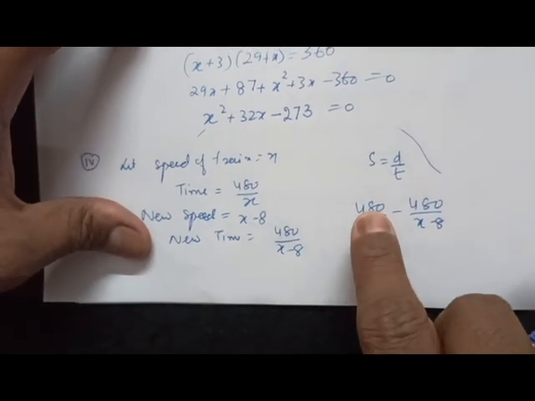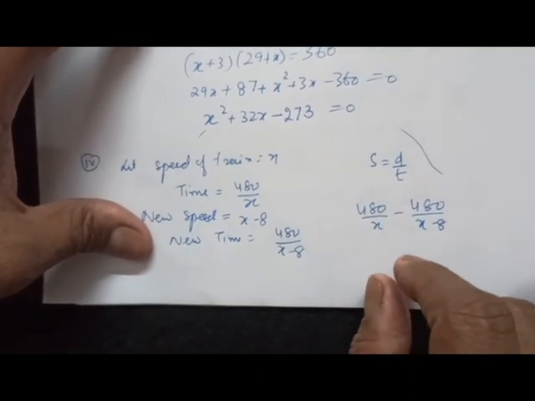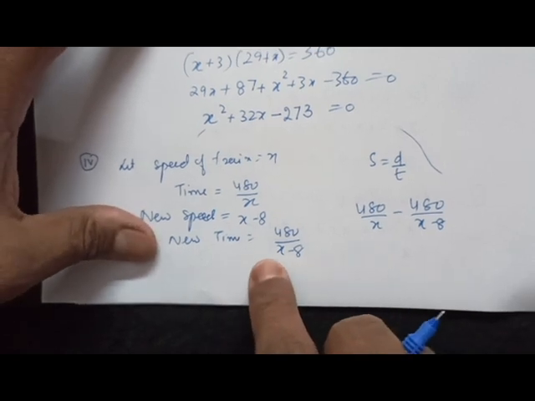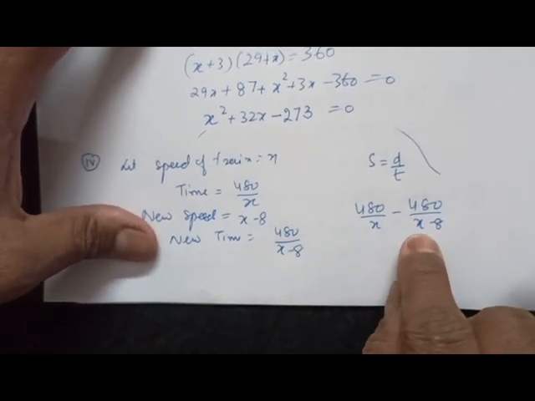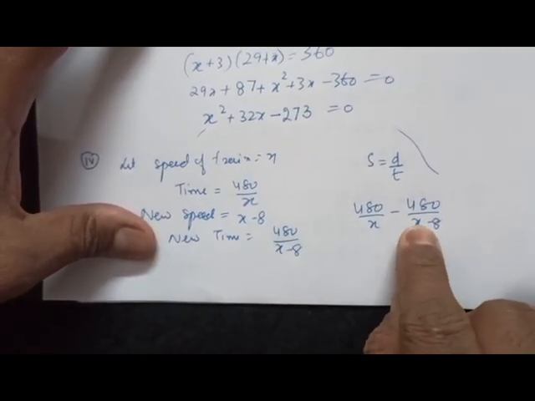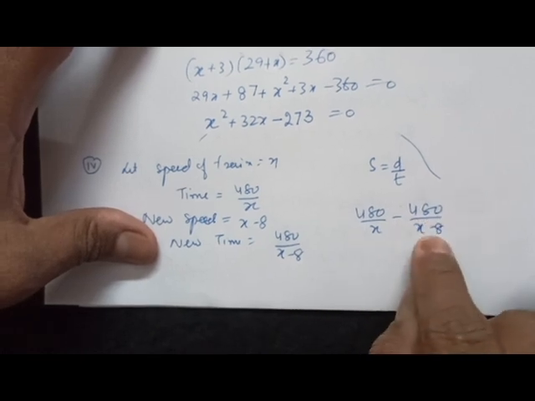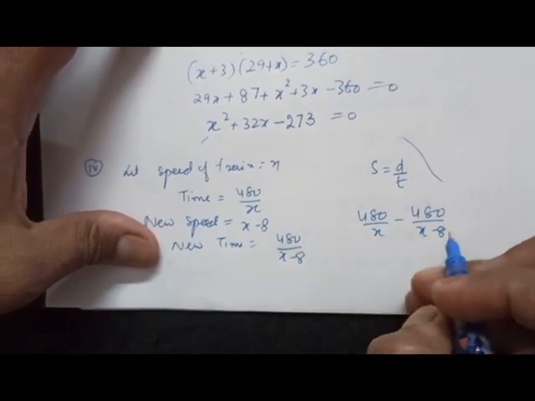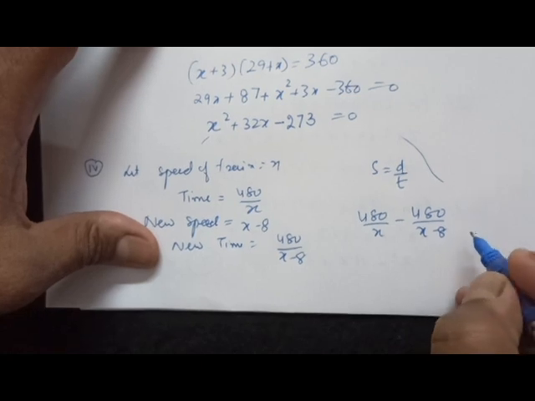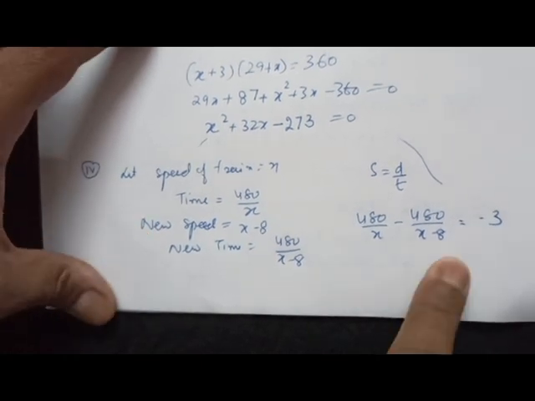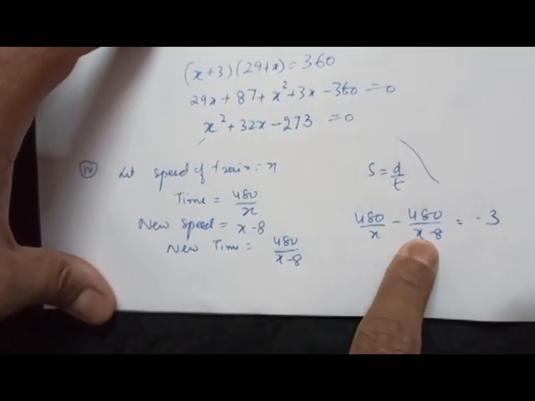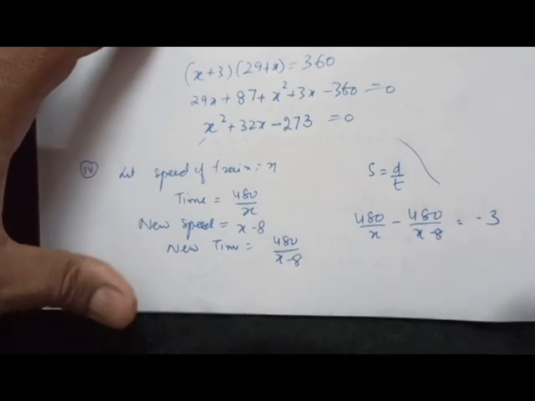See students, we have to see which time will be more. When the speed is less, time will be more. So this time is more. So either you write down 480 upon x minus 8 minus 480 upon x, or if you write like this, then this is equal to minus 3. Keep in mind that whenever the denominator is less, that value is more.